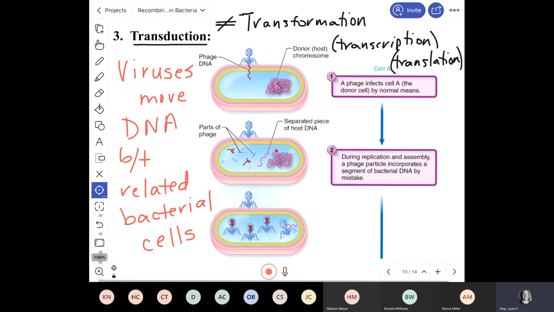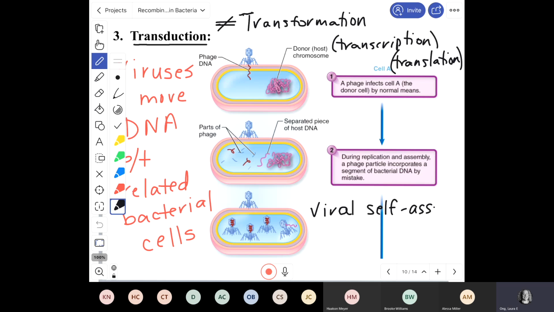So when we have viral self-assembly, viruses are really dumb. I know they don't have brains, and bacteria don't have brains either, but viral self-assembly can be really sloppy.